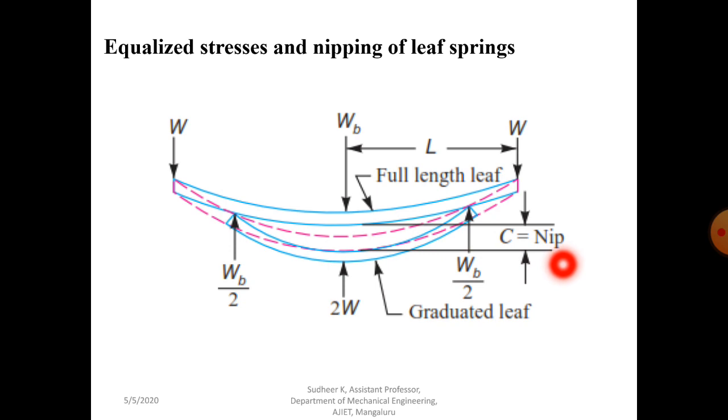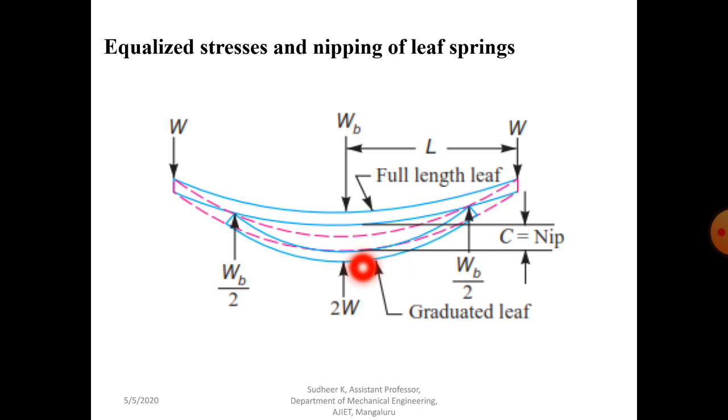When the central bolt holding the various leaves is tightened after assembly with the help of the center bolt, as we discussed in the last topic, all the leaves are held together and we have to tighten.